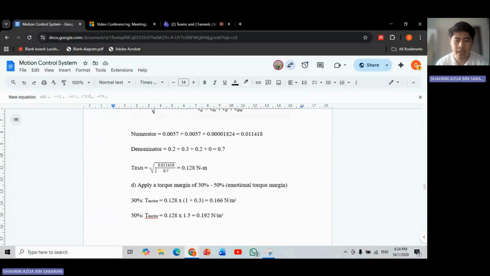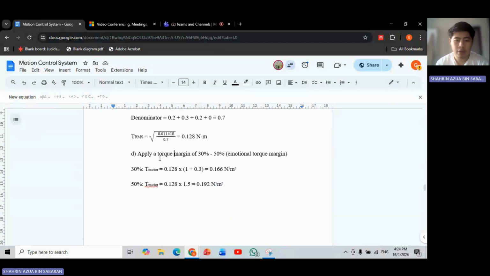After that, we can calculate it, and the answer is 0.128 Newton meter. Lastly, we have to apply a torque margin of 30% to 50%. The torque margin calculation is T_RMS times 1 plus margin.